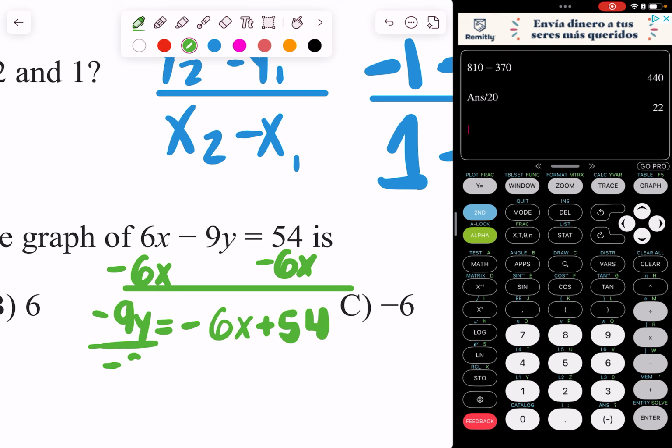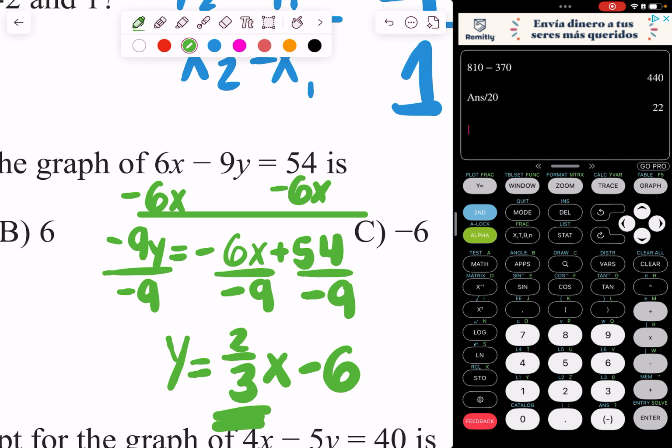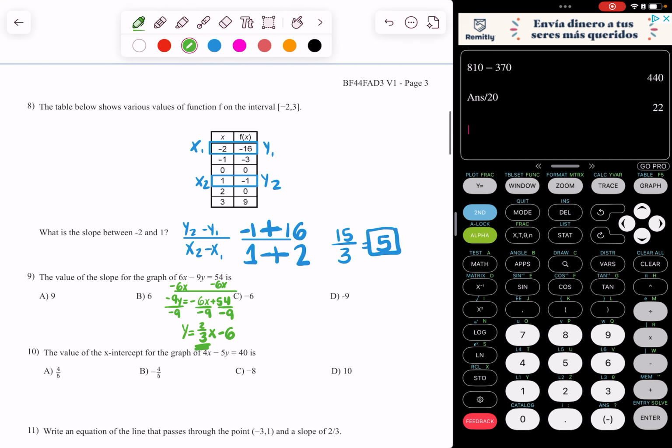Now I'm going to divide out the -9, and I get y is equal to -6 divided by -9 is 2 over 3x, and 54 divided by -9 is -6. Your slope, the question was asking for slope. Slope is the number in front of x, the m value, which here would be 2 over 3.